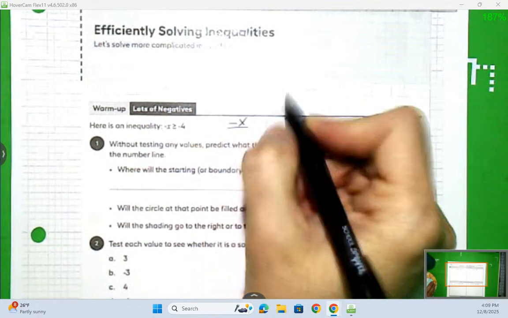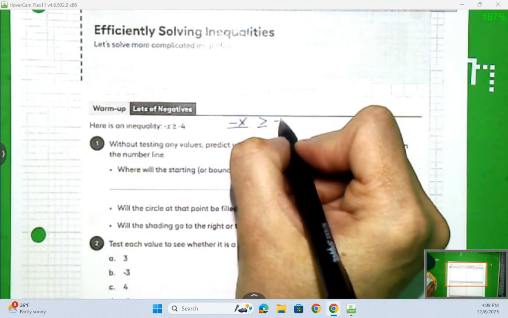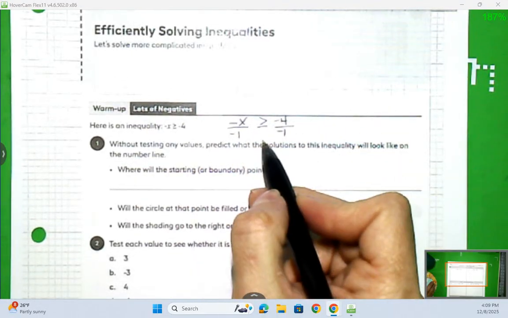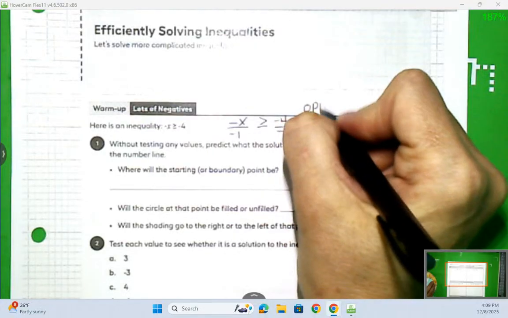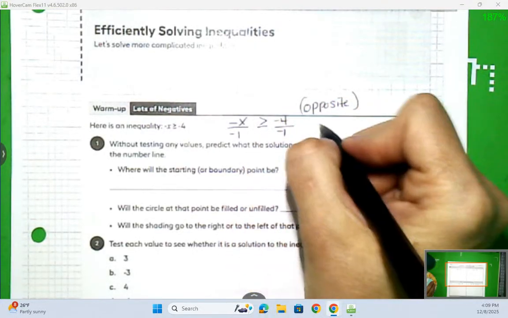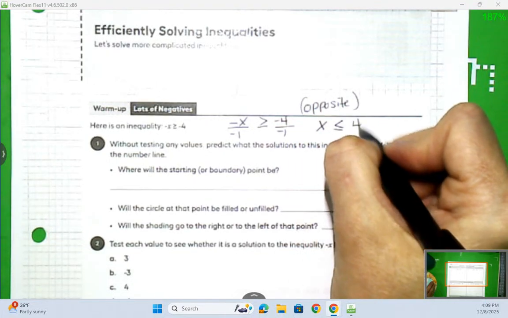That means I'd be dividing by -1, which also means the opposite. When we divide by a negative, x is going to be less than or equal to 4.